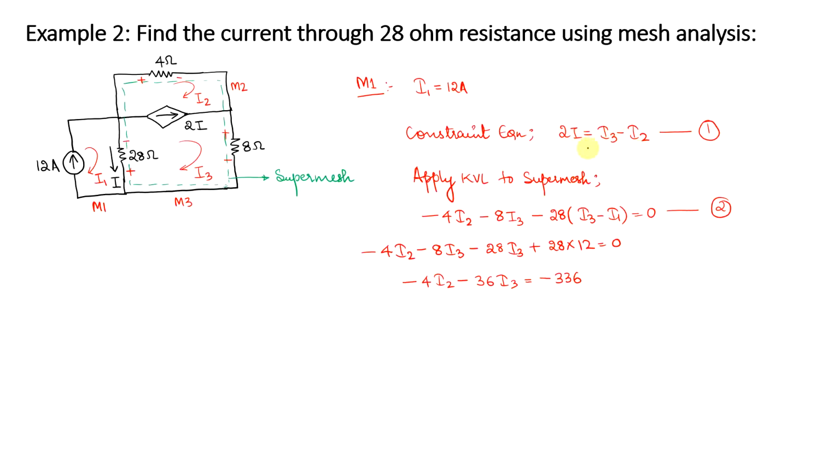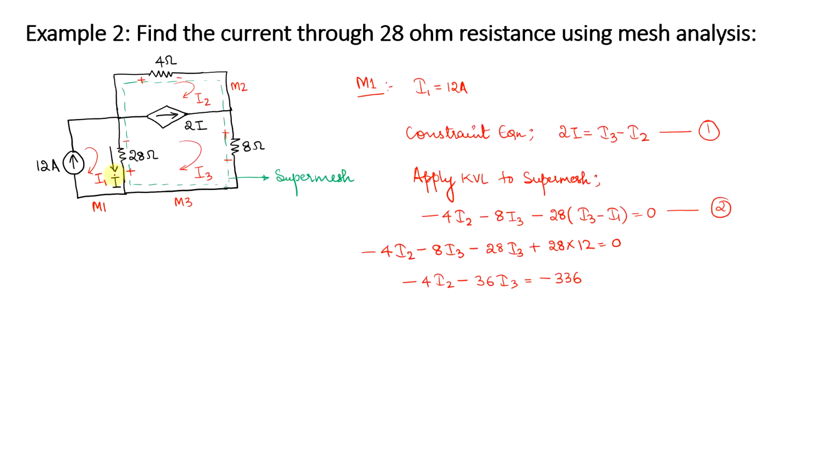Now here, I is a value that is not being specified, and they have marked in the circuit where I lies. So this value I is specified across the 28 ohm resistance. If you want to compute the value of current I, if I am looking at mesh 1, the direction of this mesh current I1 and the direction of the current I is in sync.